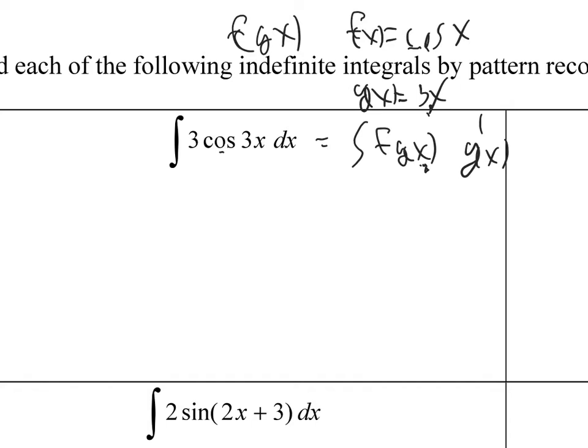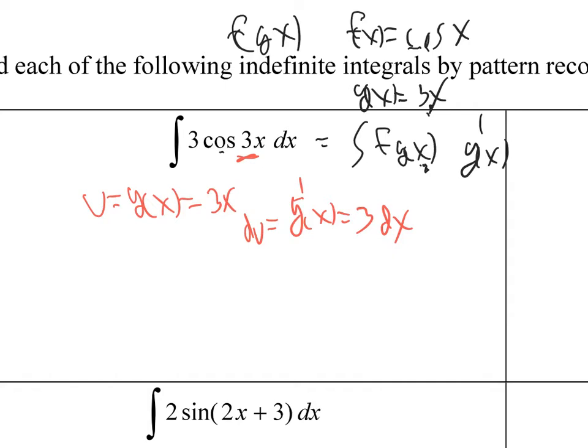So when you identify the inside function as g of x, or u is 3x, we have to ensure that g prime of x, or du, I like to call it, would be a 3 dx, because the derivative of 3x is 3 with respect to x, 3 dx.